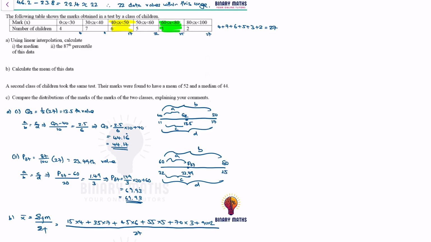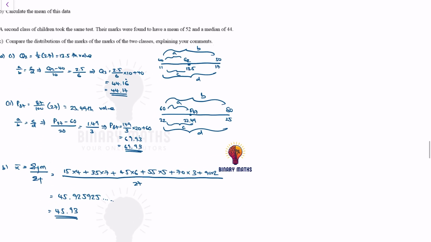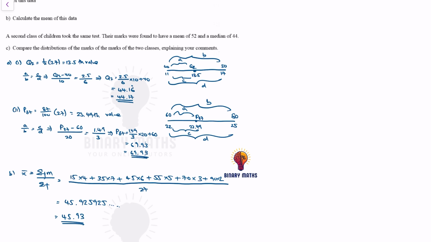A second class of children took the same test. Their marks were found to have a mean of 52 and a median of 44. Compare the distributions of the marks in the two classes. The mean of the first one is 45.9, so the mean has increased.